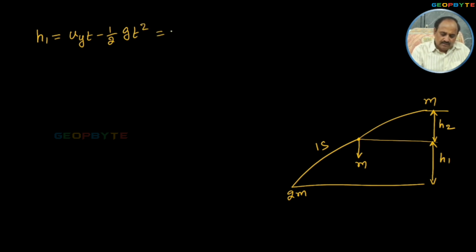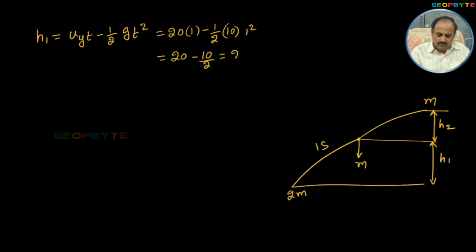It is equal to uy 20, time given 1, minus half into g 10 into t squared, 1 squared. Simplify this: 20 minus 10 by 2, 5. 20 minus 5 equal to 15 meters.